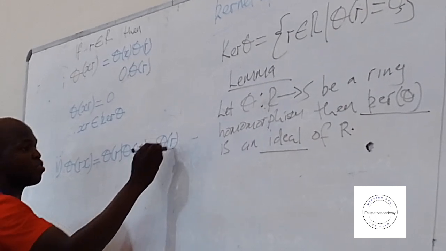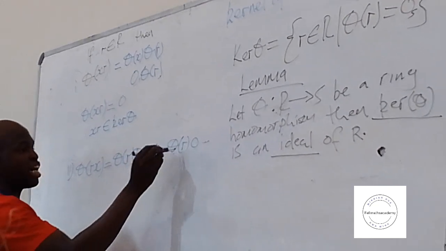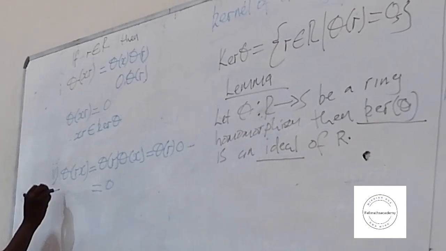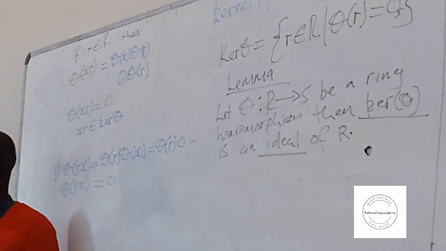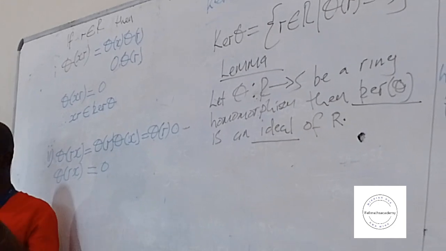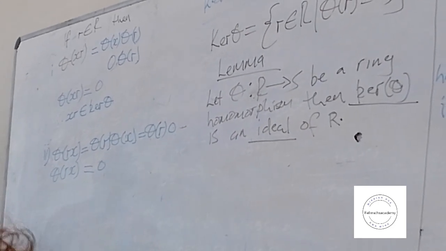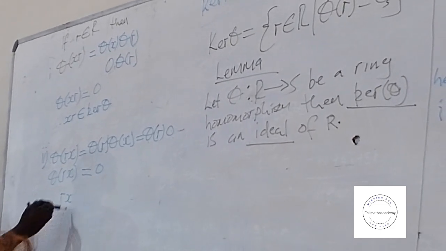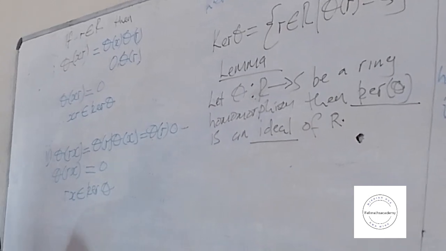We have it, we don't know the result. What is theta X? 0. Theta R times 0 is equal to 0. Hence theta Rx is also equal to 0. Hence it's a member of the kernel of theta. 0 is the identity member. So what is our conclusion? Rx is an element of kernel theta.